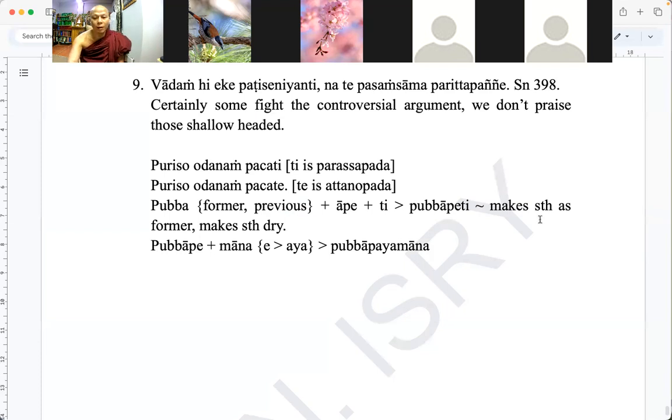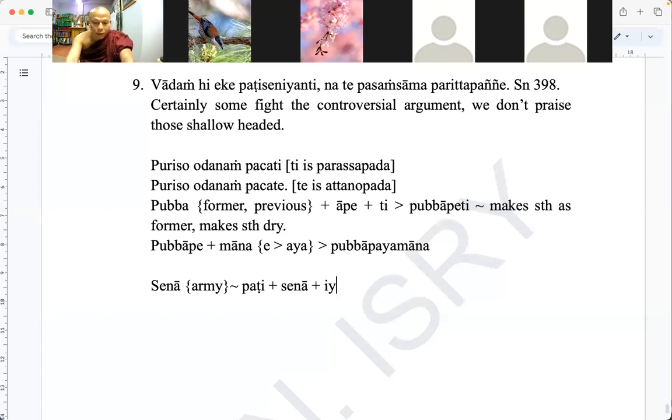Yes, Bante. And then the next word is Sena. Sena is army. So the noun word Sena with the prefix Badi, and then the denominative suffix iya, and then t.